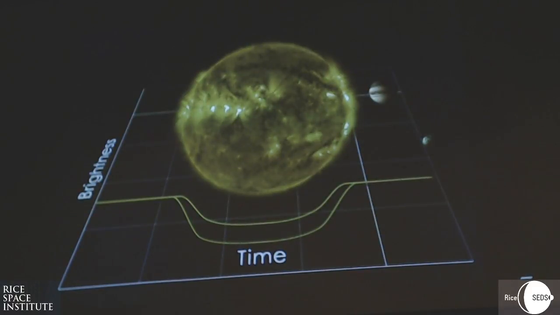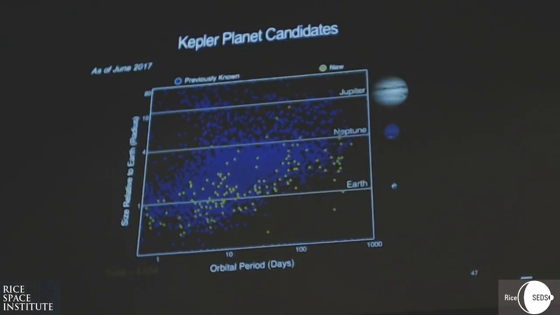For something the size of the Earth, it's about 0.1% in drop of the starlight. For something the size of Jupiter, it's about 1%. And so, it's far easier for us to find the larger objects using this technique.